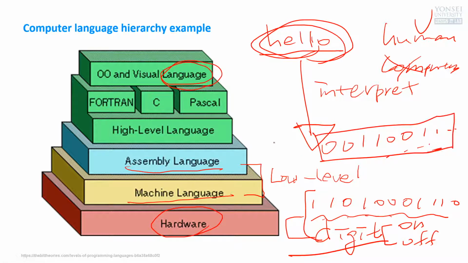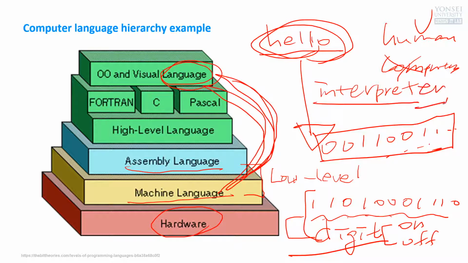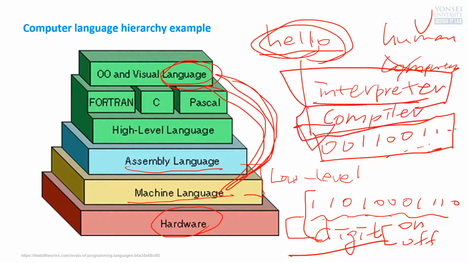So a certain type of computer language module, the so-called interpreter, or sometimes we say compiler, is in charge of interpreting and translating your human word into computer word.